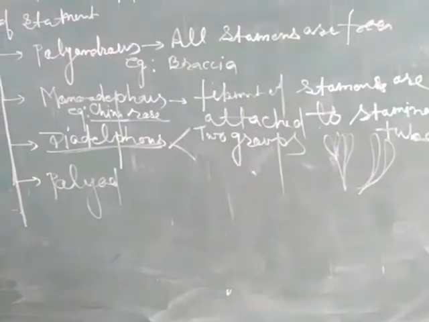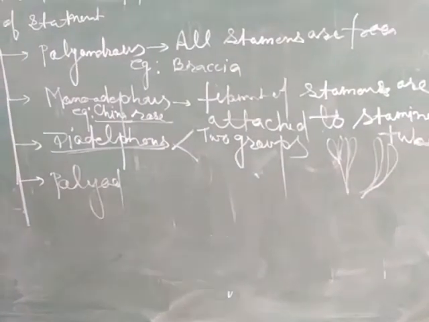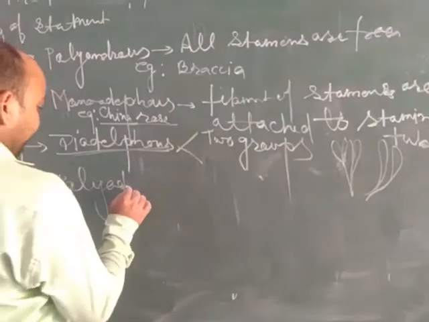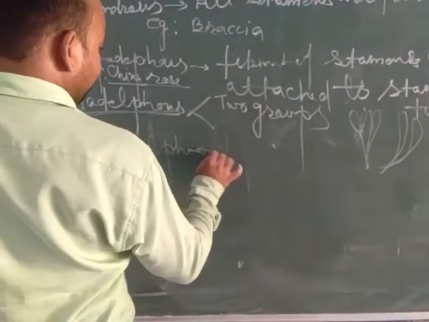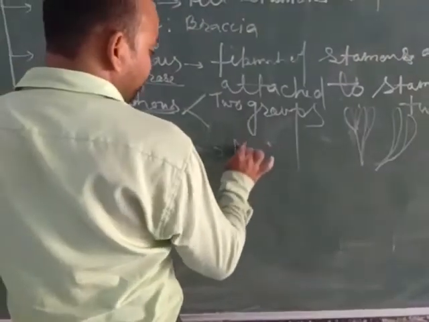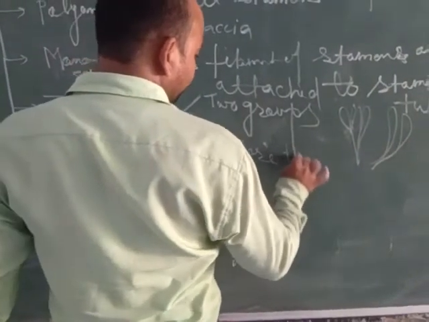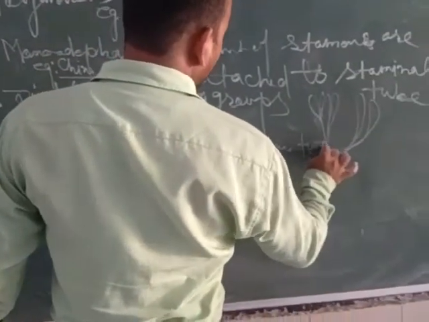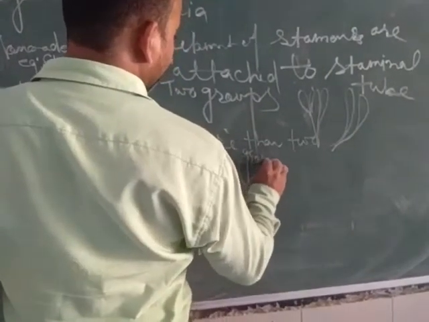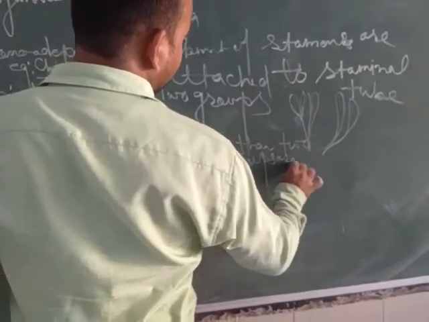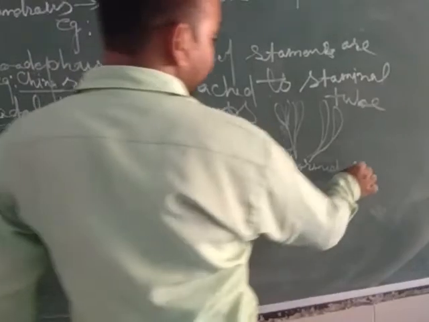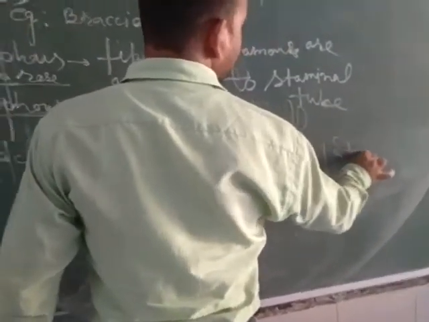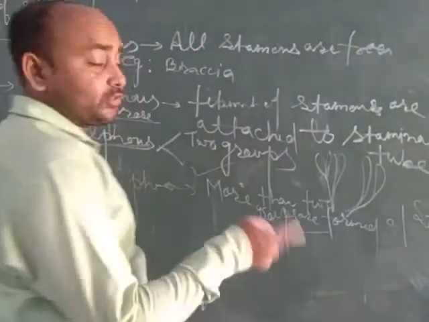But in polyadelphous, the filaments of stamens unite to form more than two bundles. Polyadelphous condition shows more than two groups of stamens formed.